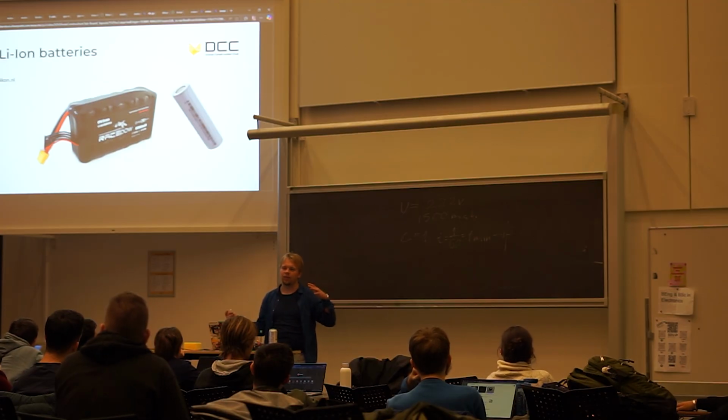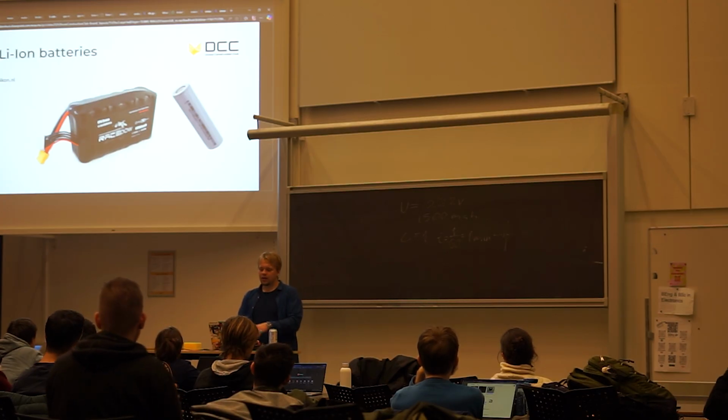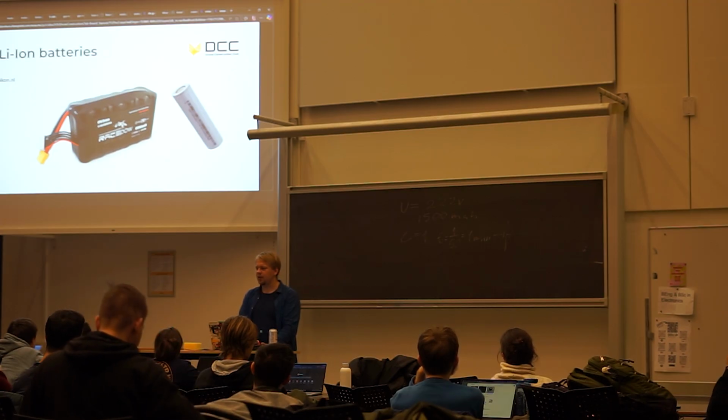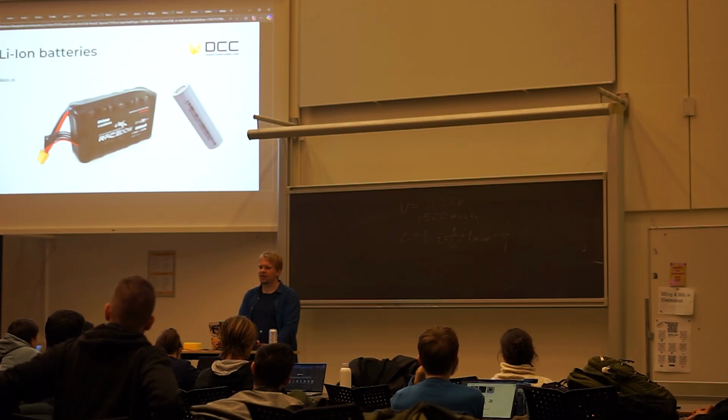So if you want something a little bit more efficient, and you can get away with using lithium-ions, do that. If you want the highest performance or the fastest thing ever, go with LiPo. That's kind of how you go around it. Lithium-ion batteries have a maximum C rating.